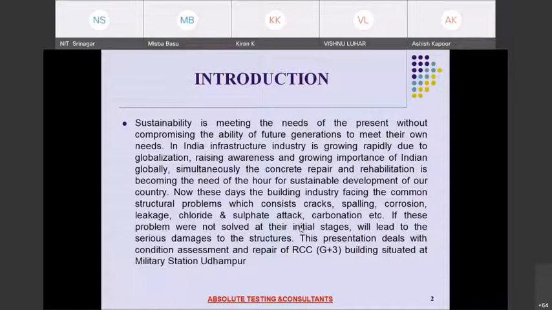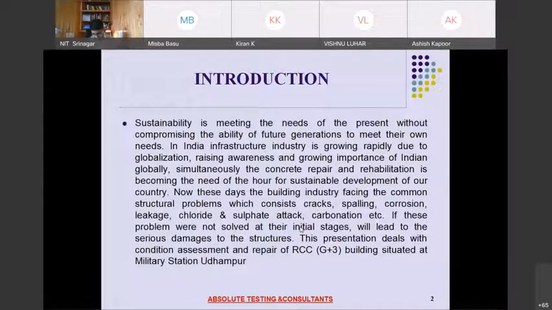structural repair and rehabilitation is also the need of the hour, because if we are not able to sustain our structures for at least 100 years, then how can we say that we are doing sustainable development? We can't talk only about sustainable technologies; it's our responsibility to make sure that our structure should sustain for at least 100 years.